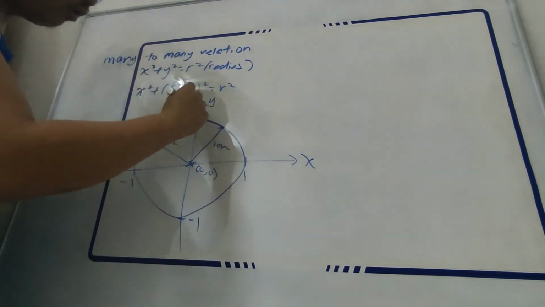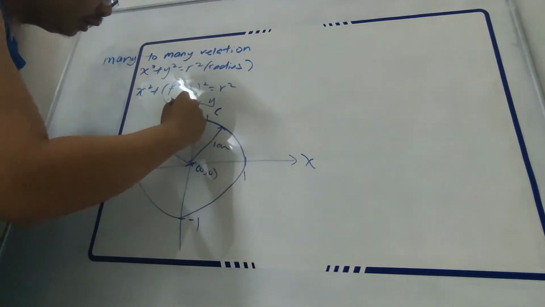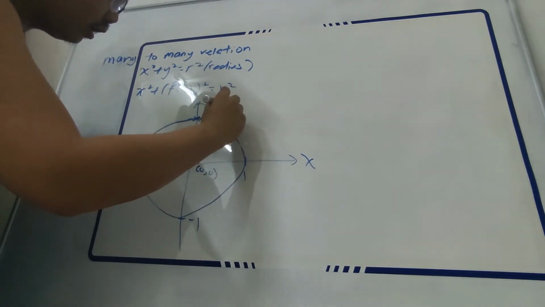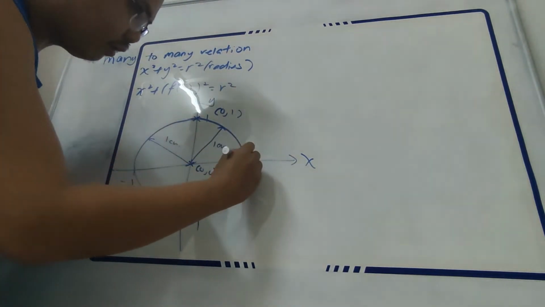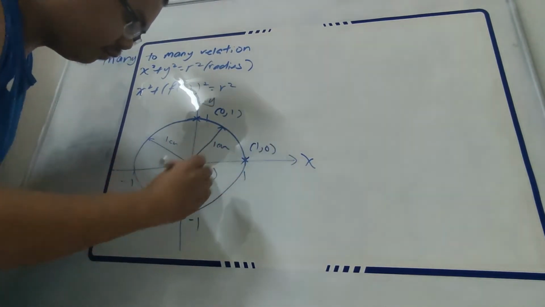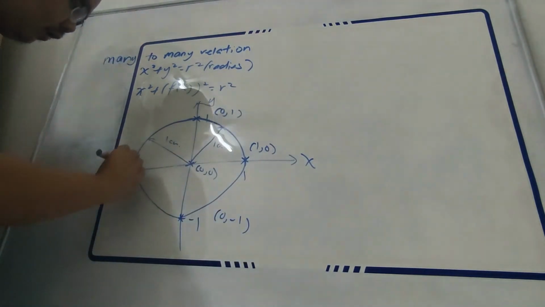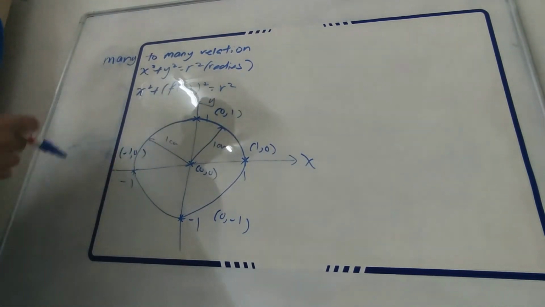And then you have coordinates here: 0, 1, and then here 1, 0, here 0, minus 1, of course here minus 1, 0.